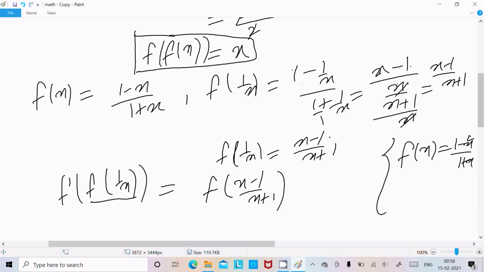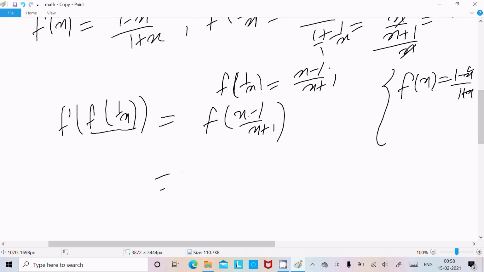In x's place we need to write this. So first I'm going to write 1, minus, and in x's place we need to write this, one more, in x plus, we need to write this: (x minus 1) by (x plus 1).